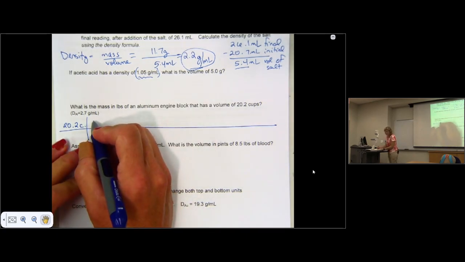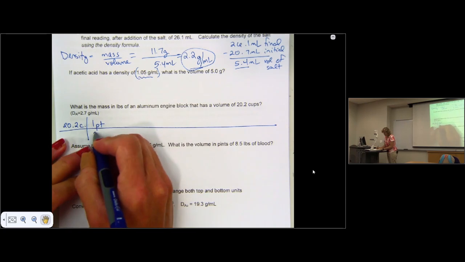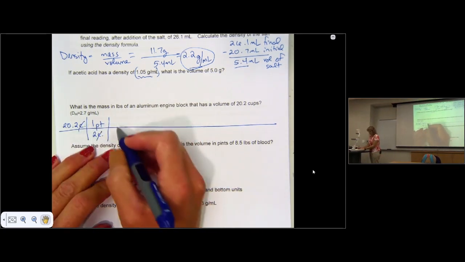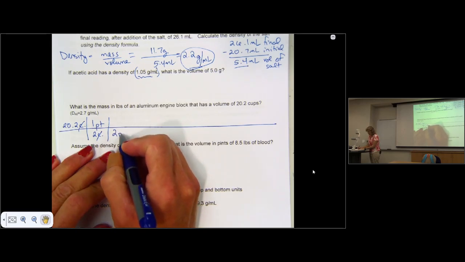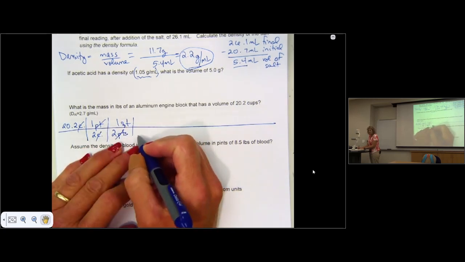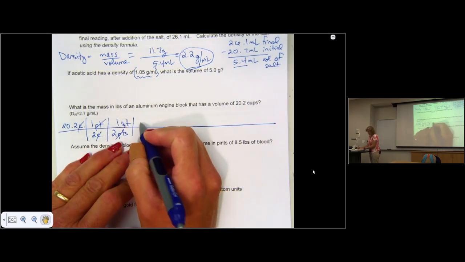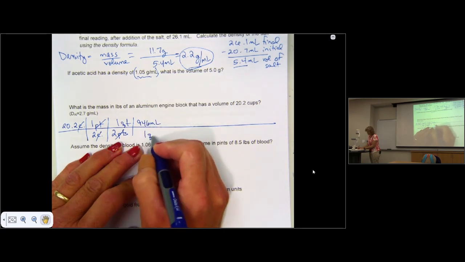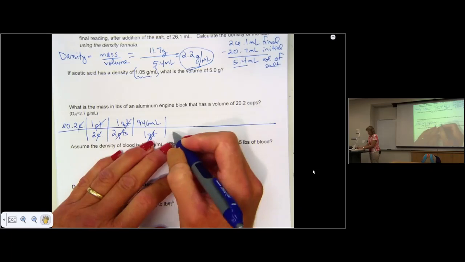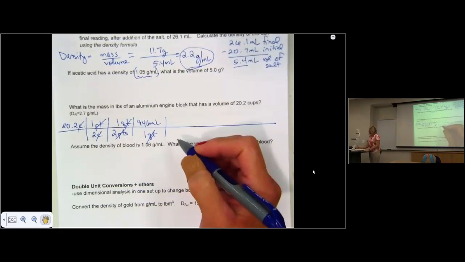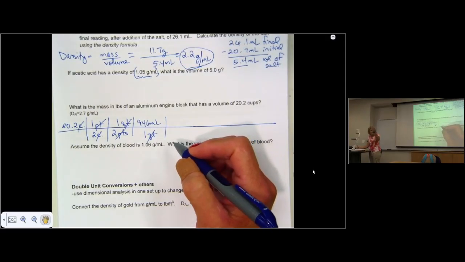So let's do it. What goes on top? 1 pint, 2 cups on bottom, 2 pints on bottom, 1 quart on top. Good. What goes on bottom? 1 quart. Good. Now, this is when I wish I had a bell. I'd go ding, ding, ding. Why? Density. This is where you plug in density.